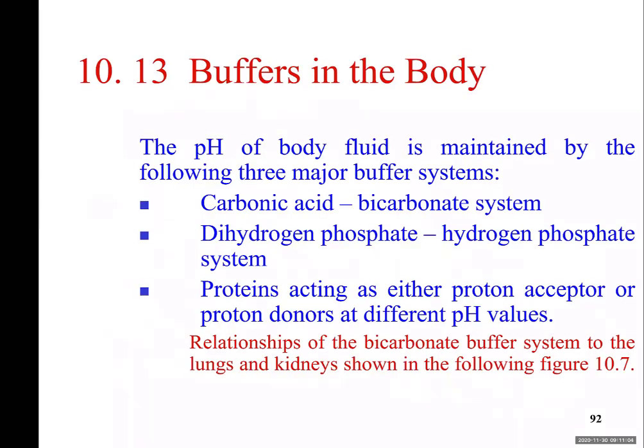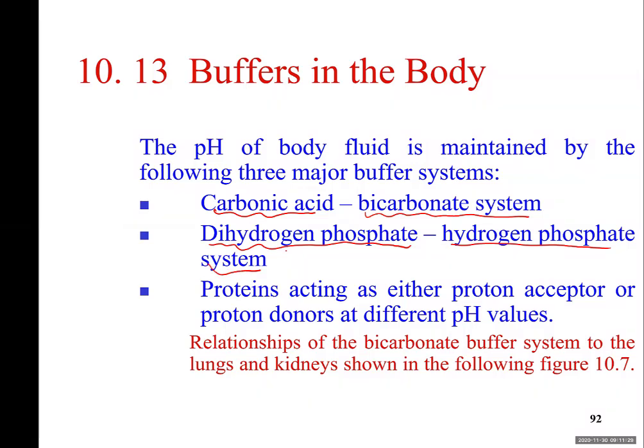Let me go to next slide. So what are the buffers in our body? I told you, do you remember? Carbonic acid, the acid in the Coke, and bicarbonate system, baking soda. The second system is dihydrogen phosphate. We just did the problem. And hydrogen phosphate.